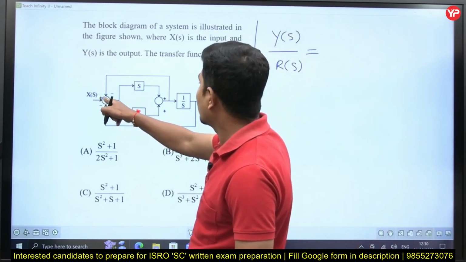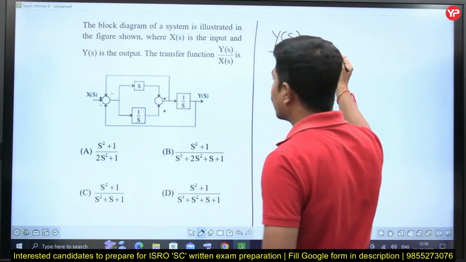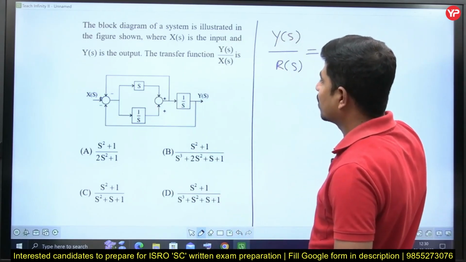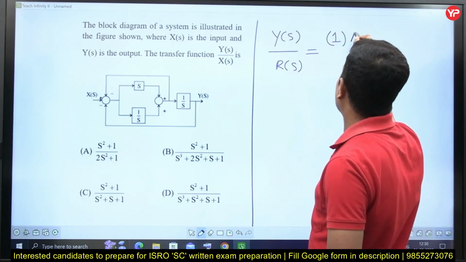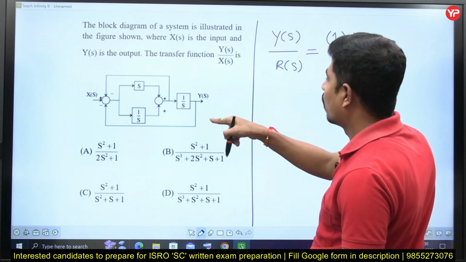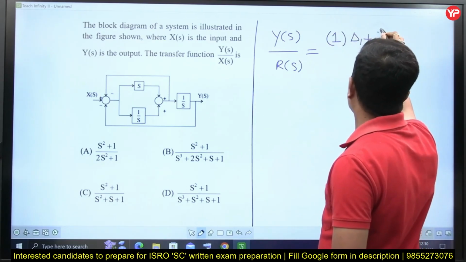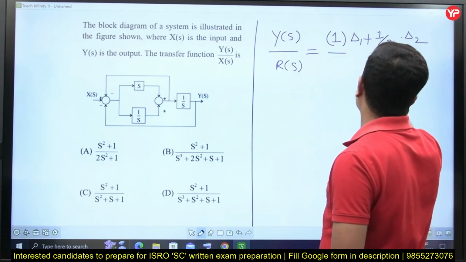One is with this s, another one is with the bottom 1 by s. There are 2 forward paths. First forward path is s into 1 by s is 1 into delta 1, plus second forward path is 1 by s into 1 by s, 1 by s square into delta 2, by delta.